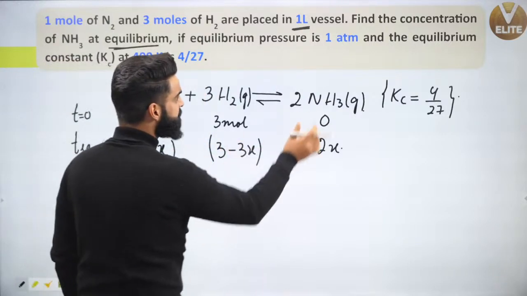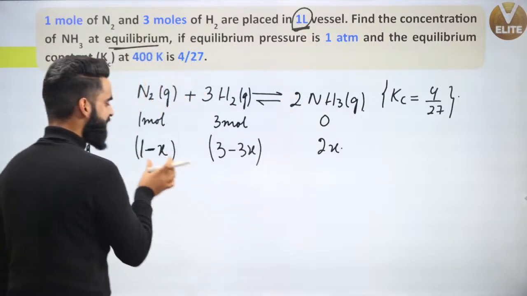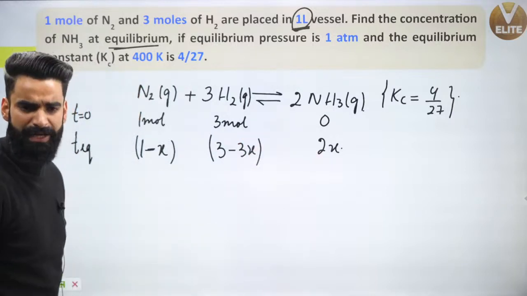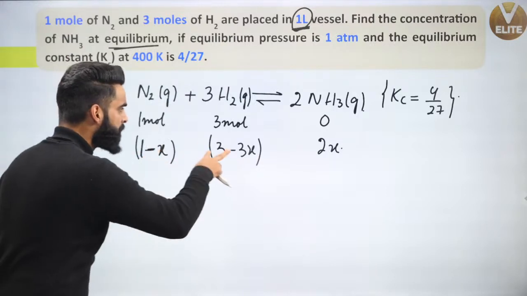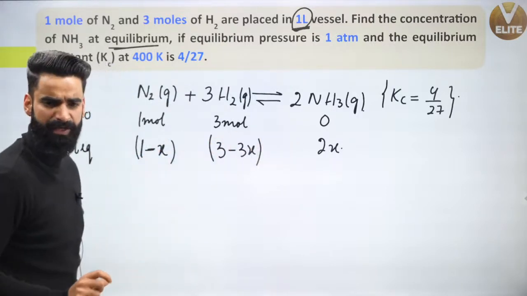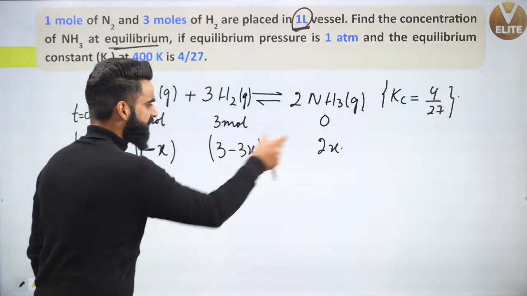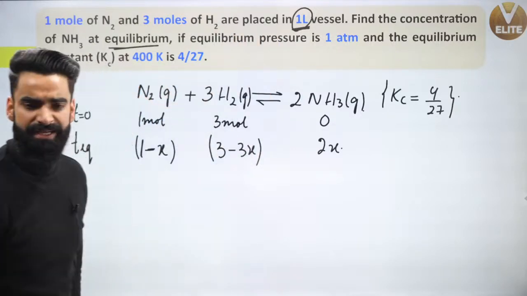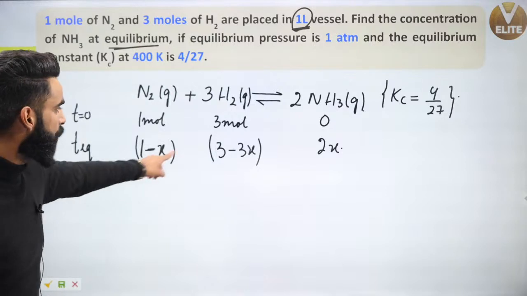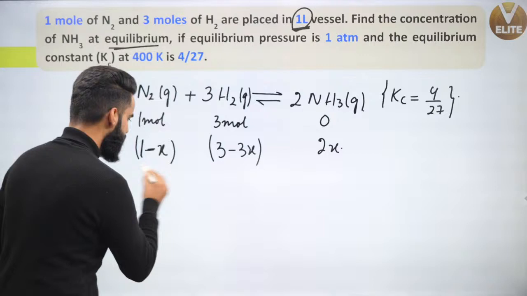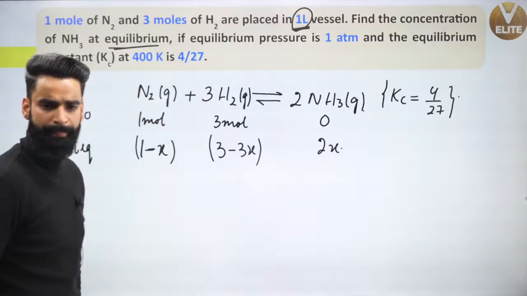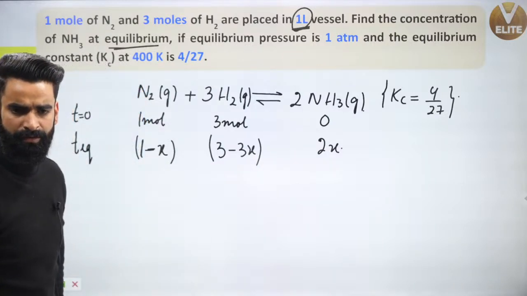If I divide these moles by the volume of 1 liter, do I get the concentration of each reactant and product as well, which is going to be the same, divided by 1? So I got the concentration.